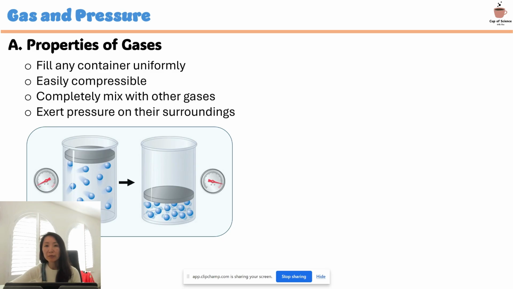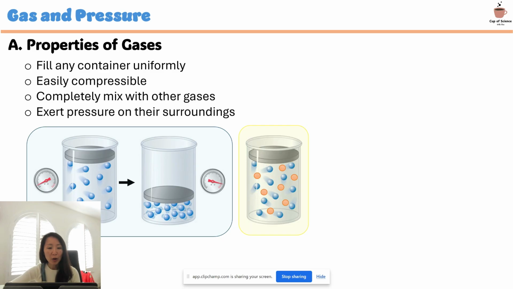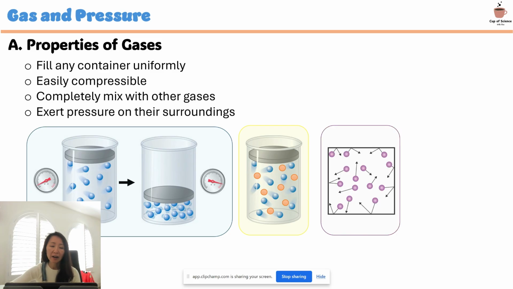They are able to mix homogeneously with other gases. So here is a blue and the orange ones. They can mix very well. And lastly, they are able to exert pressure on their surroundings. What that means is if these gas molecules are in a confined space, they're able to hit on the sides of the wall container.